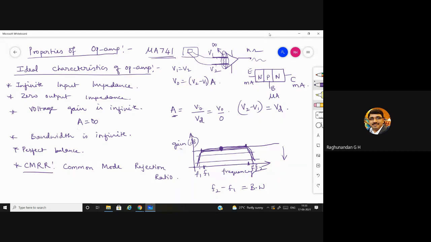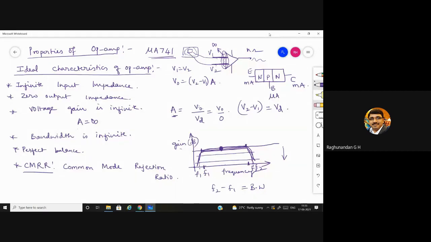So if there is some unwanted signal generated in the power supply because of any mismatch in the internal circuitry, or because of any fluctuation in the power supply, some common noise will be added to both the terminals, V1 and V2. That noise will be common to both V1 and V2. Such a common noise signal, which is added to both the terminals, is known as the common mode signal.